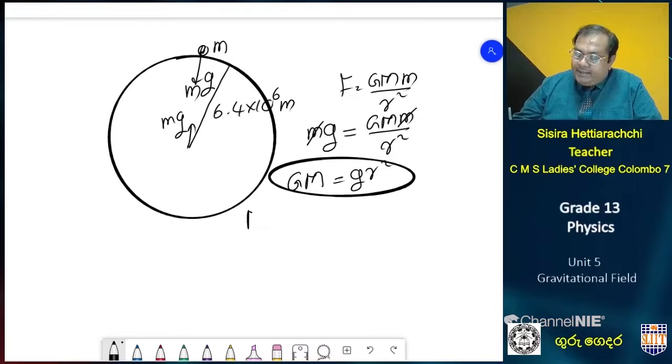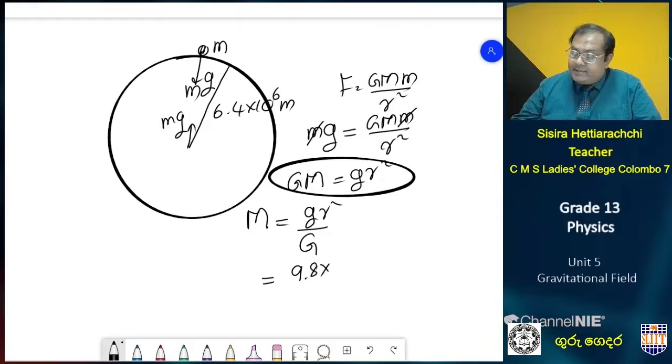Now here you can calculate the mass of the earth. It is gR squared over G. Normally g is 9.8. Later we can calculate that also. 9.8, radius of the earth 6.4 times 10 to the power 6.